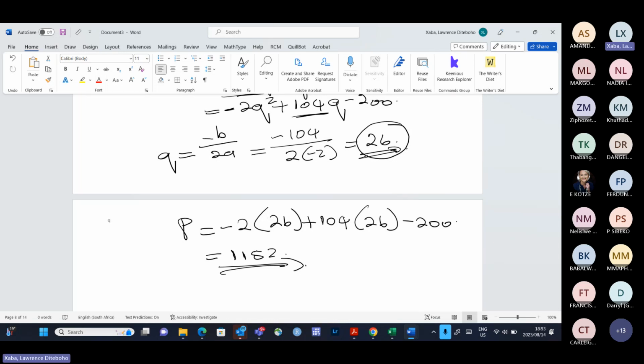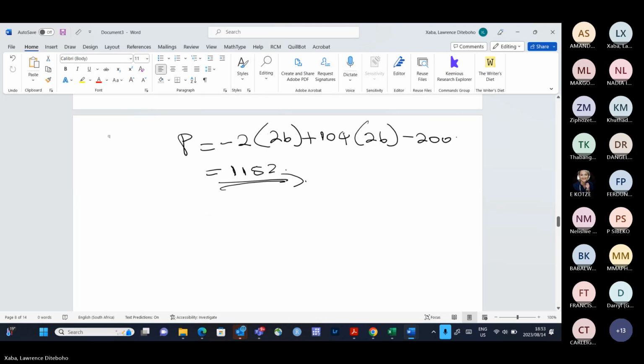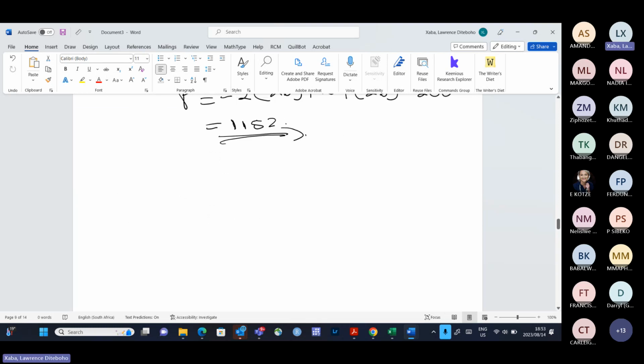If there's no question, let's take another one where you're also calculating the profit, where we are given Q minus 2.5p.